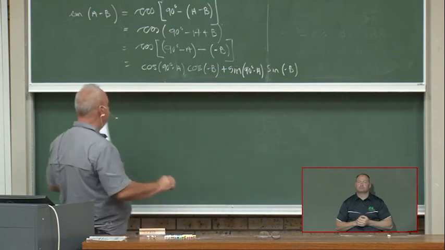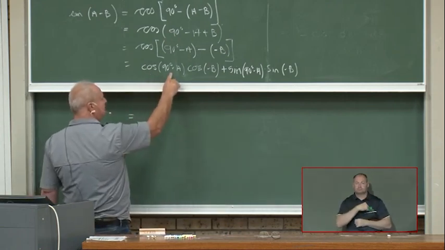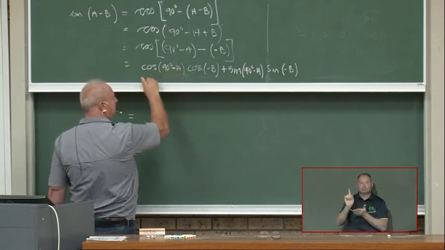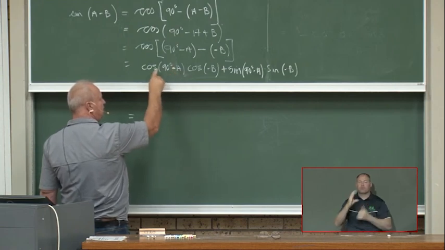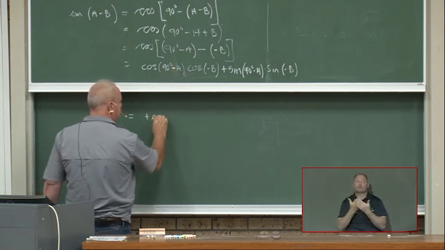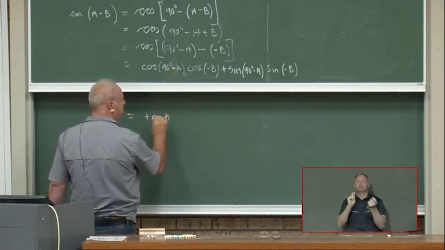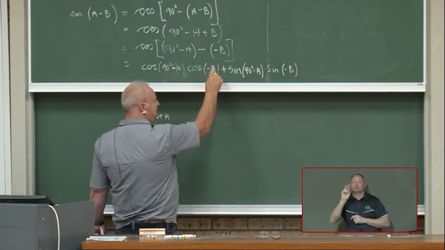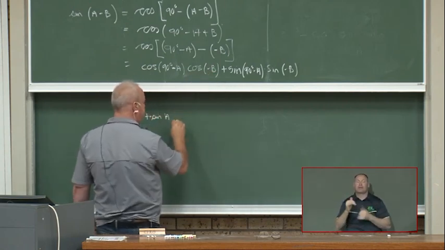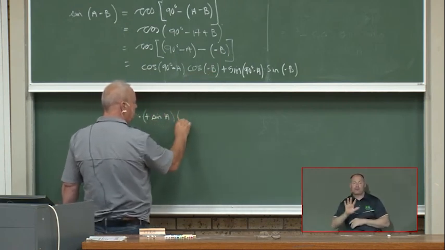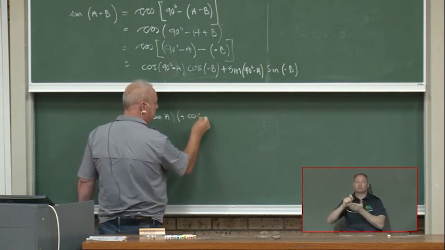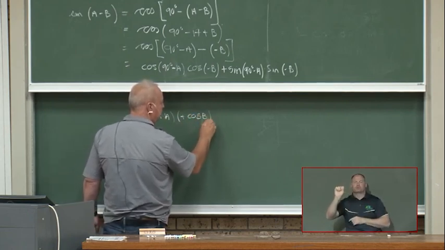Now we can say the cos of 90 degrees minus A. Now we're going to make use of the cofunctions. First quadrant cos is positive. It's going to change to the sine of A. The cos of negative B, fourth quadrant cos is positive. So that is going to be positive, the cos of B, correct?